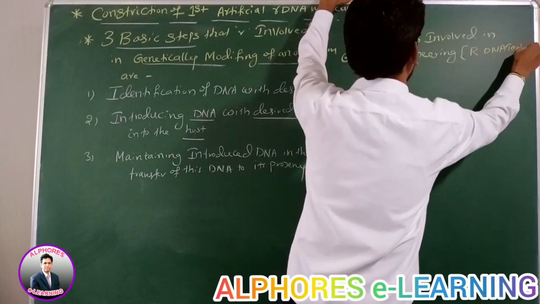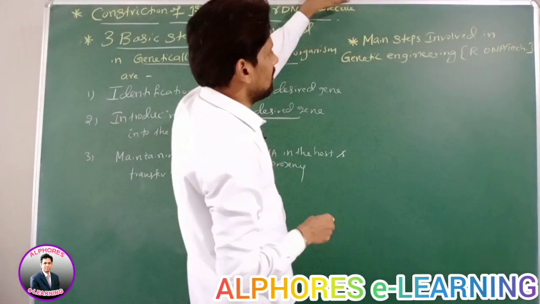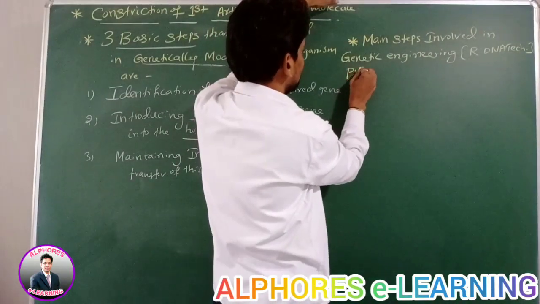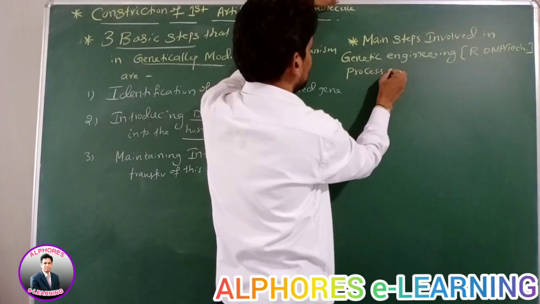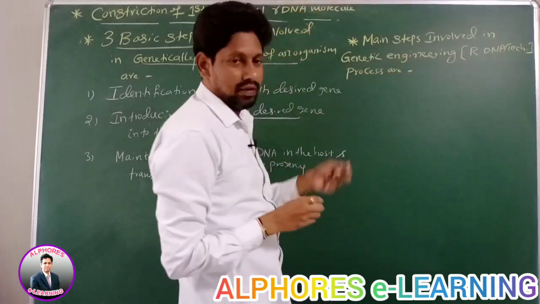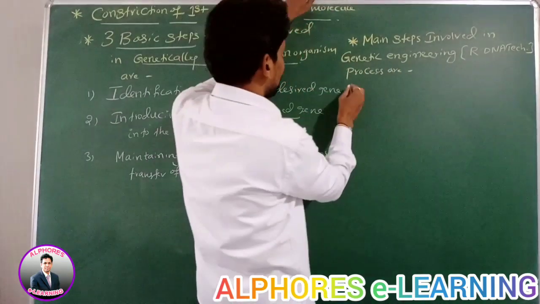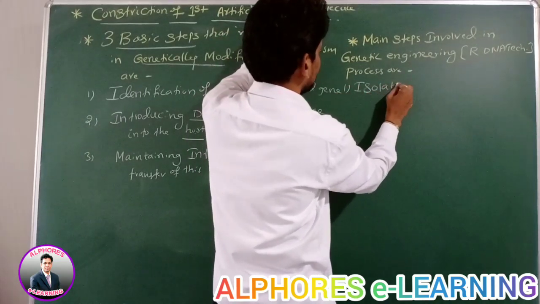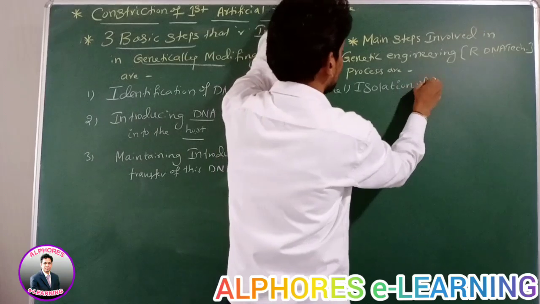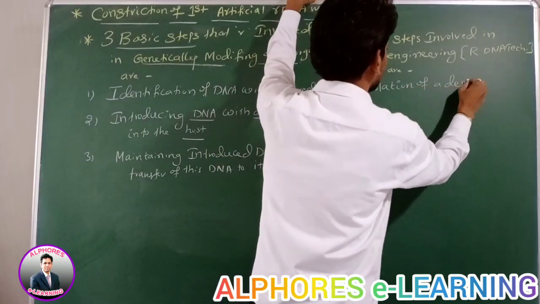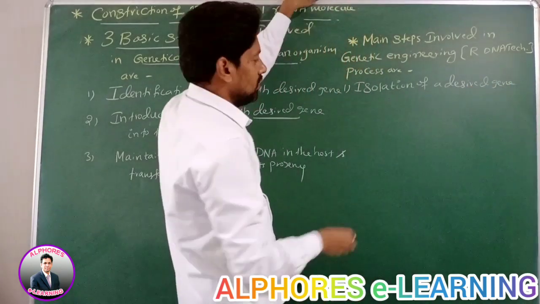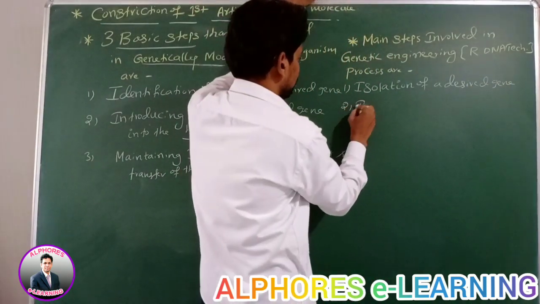Genetic engineering is nothing but rDNA technology. Therefore, the main steps involved in the genetic engineering process are: number one, isolation of a desired gene. Isolation of which gene, sir? Desired gene.